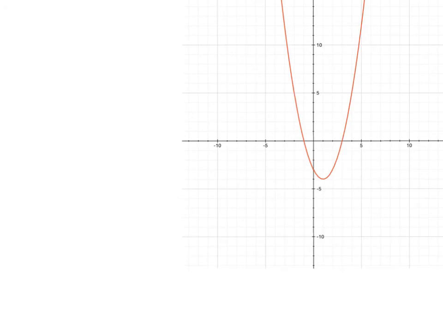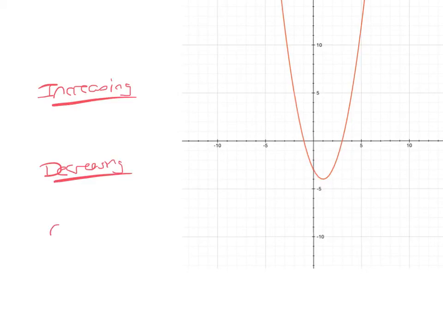Here we have a nice little parabola, and we're going to talk about where this function is increasing, decreasing, and then constant. We're always going to read from left to right. So we start here, left, and then move to the right.